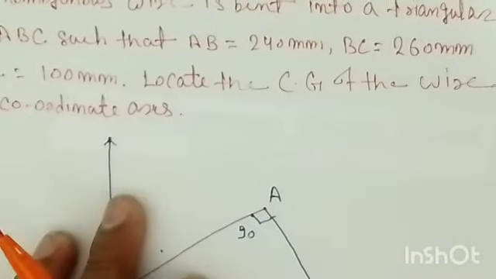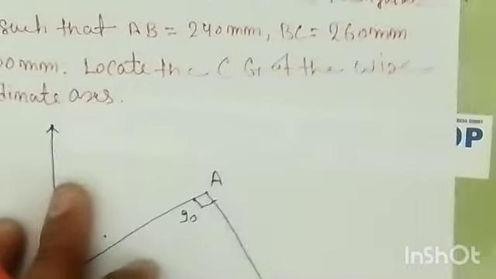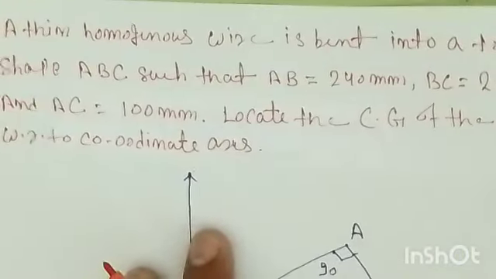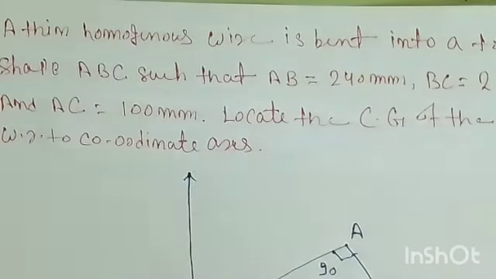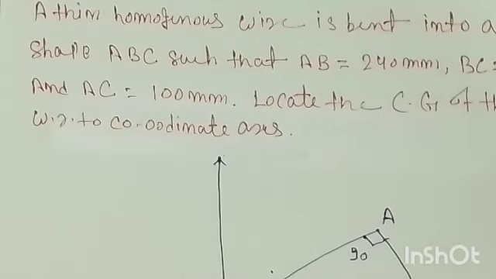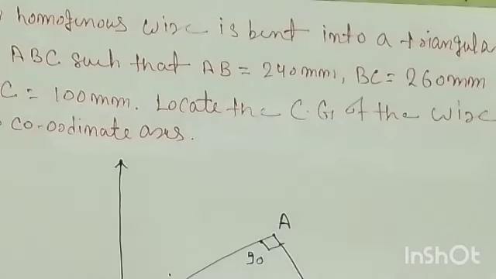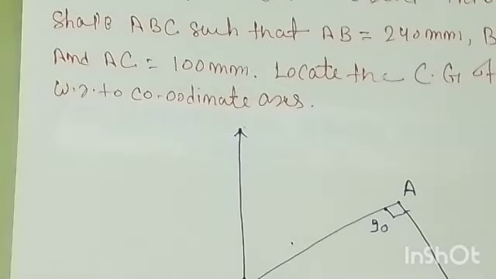Locate the center of gravity of the wire with respect to the coordinate system. With respect to the coordinate axis means what? About the x axis and about the y axis, right now.